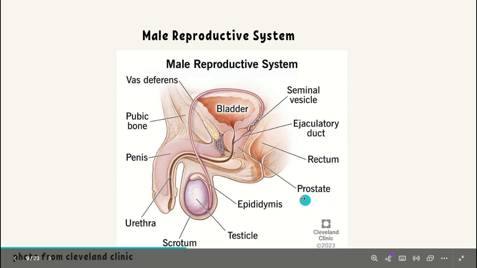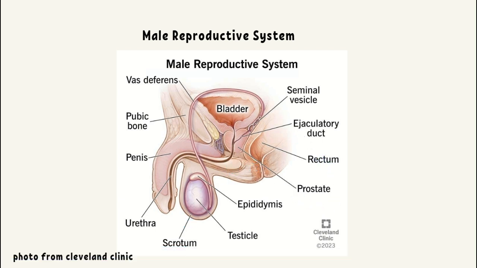And let's talk about the prostate. Basically, it's a walnut-shaped gland that surrounds the urethra and adds fluid to the semen. That's really what it does. So we know that the seminal vesicle is what makes up the semen, and the prostate adds fluid to the semen.